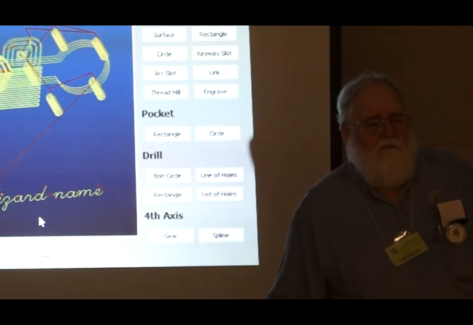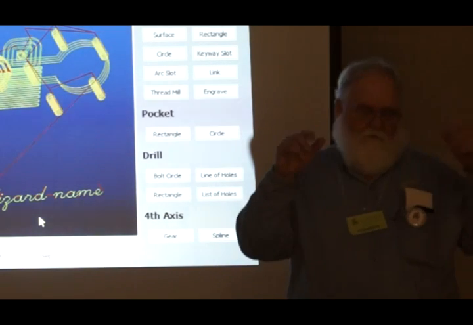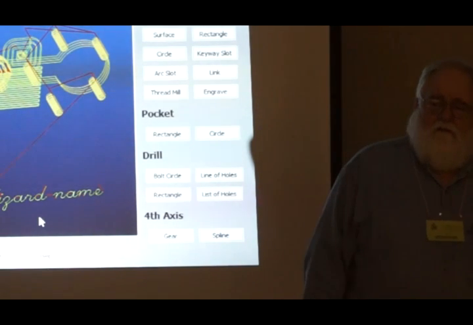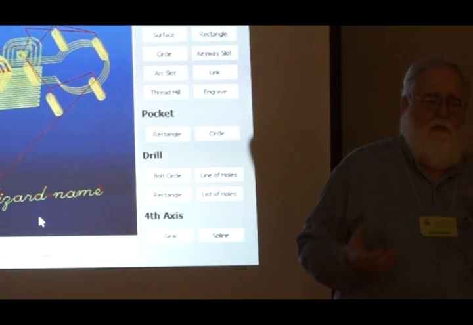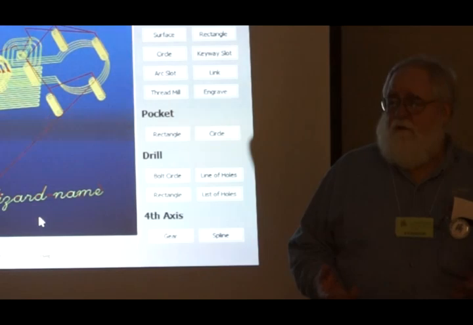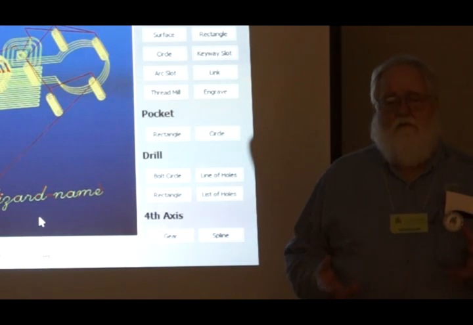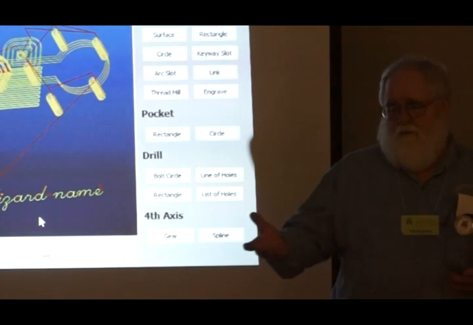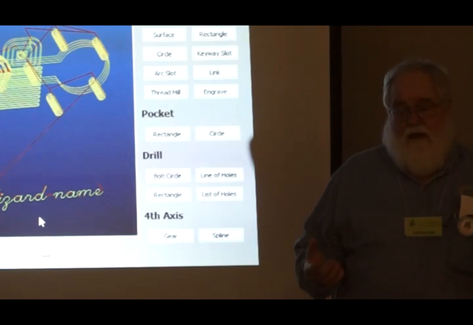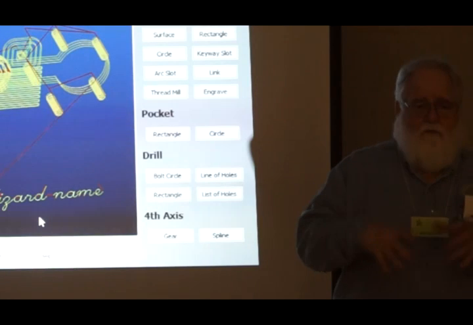Here's my philosophy on this business. Wizards are for doing common and simple things. They ought to be pretty simple to operate and pretty quick to do, and handle all of the standard kinds of cases, the rectangles and circles and so forth. Now I want to add a couple. I want to add islands. I want you to be able to do a circular pocket with an island in it.